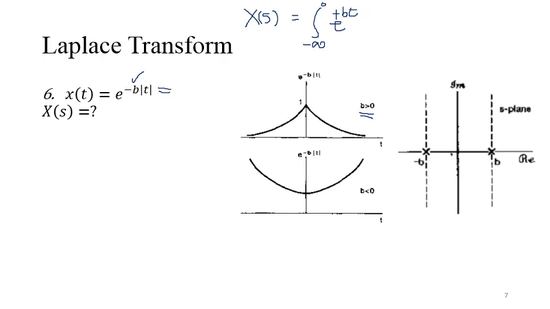Moving from 0 towards positive infinity the signal grows, and similarly moving from 0 towards negative infinity the signal grows, right? So we can split it into two parts.